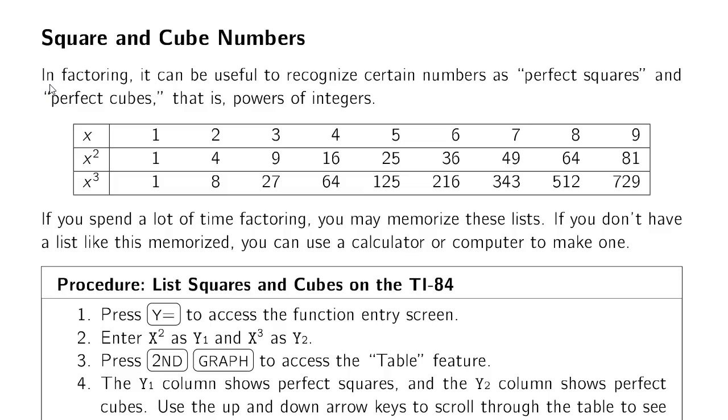We're going to see a way to get a list like this on the TI-84 and use that to identify some numbers as perfect squares or cubes. Of course, the TI-84 is not magic. If you have a different kind of calculator, check in with me and see if it's capable of making a list like this.